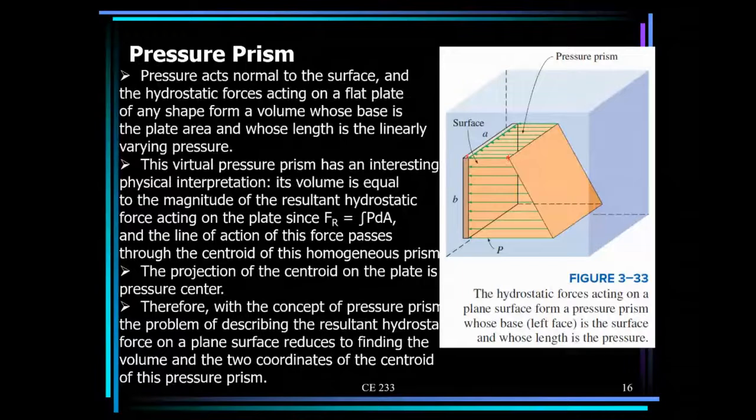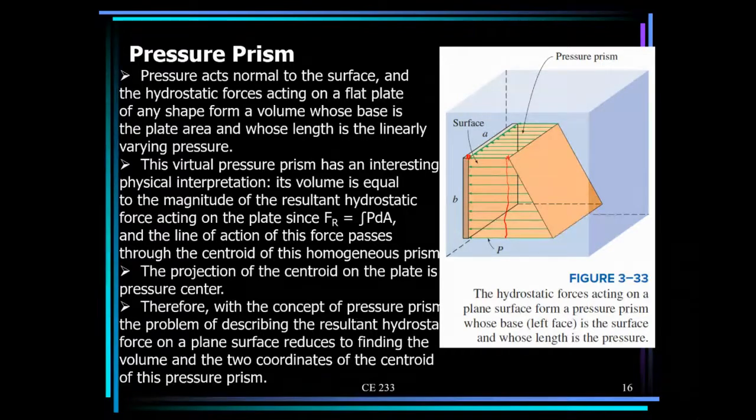This is because of the atmospheric pressure. So this is the absolute pressure, but if you want gauge pressure, it will be triangular rather than trapezoidal.